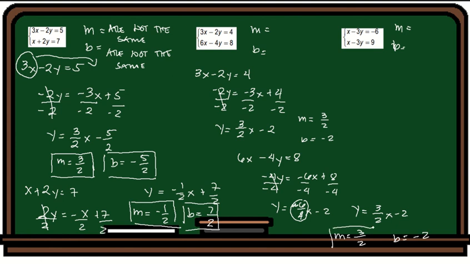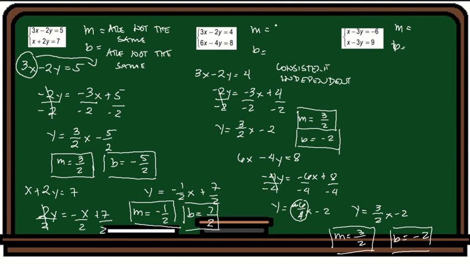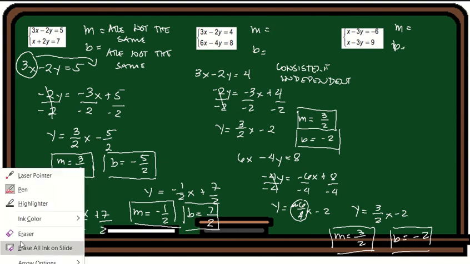So as you observe, the m for equation 1 and equation 2 are the same, and the y-intercept of equation 1 and equation 2 are the same. So if the m and b of both equations of the system are the same, this is what we call the consistent dependent. So m and b are the same.